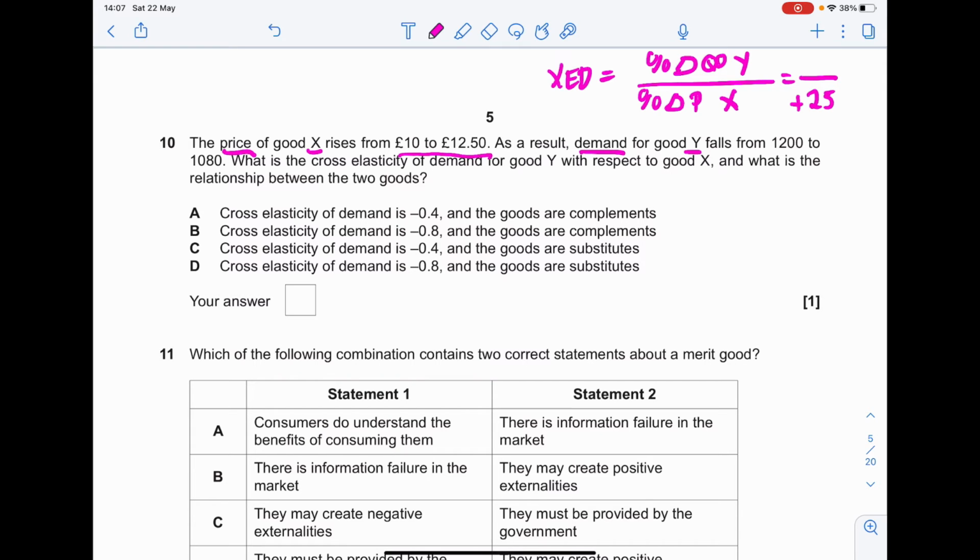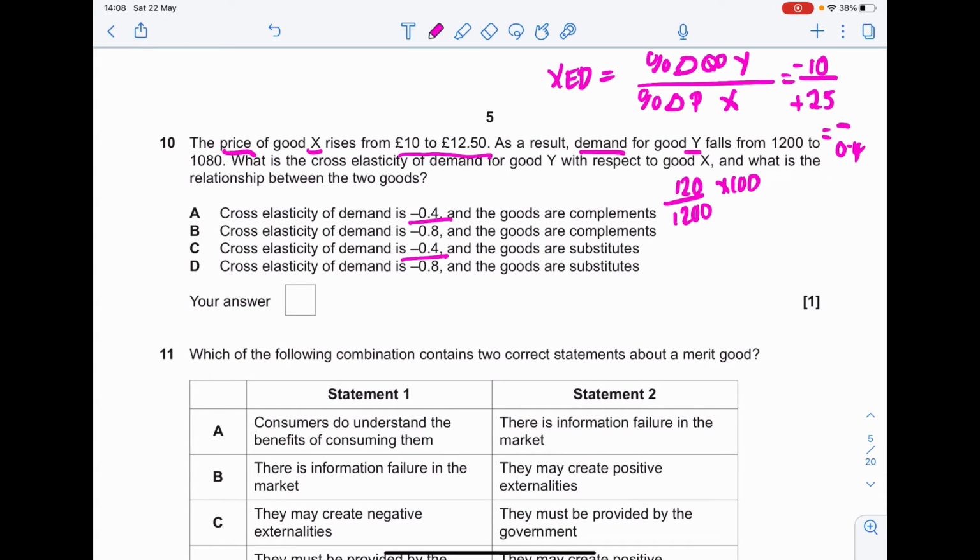When we go from 1200 to 1080, we've got 120 as our change. Our original is 1200, times by 100, and that's going to give us 10%. Now, because the quantity demanded has fallen, that's minus 10. So minus 10 divided by plus 2.5 is going to give us minus 0.4. So that's two of our options.